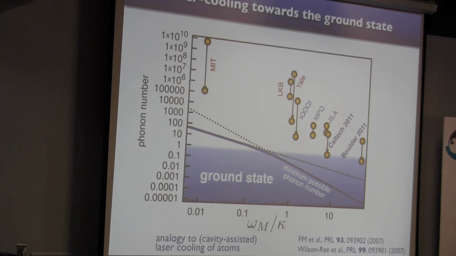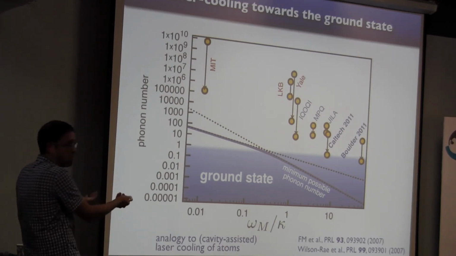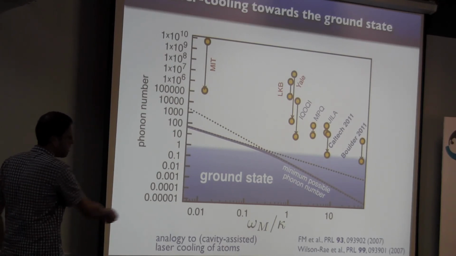The biggest thing that this resolved sideband parameter really determines is the lowest temperature you can really get to. So this question that I started by discussing, what is the effective temperature of the bath presented by the cavity photons? That really is determined by this parameter. If I ever hope to get close to the ground state, the thing that I'm trying to cool to is the temperature of those photons, and that better be small.